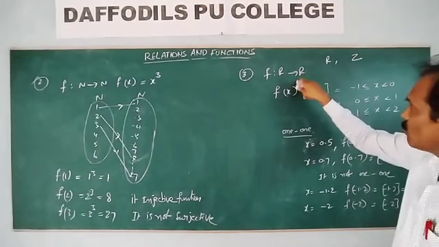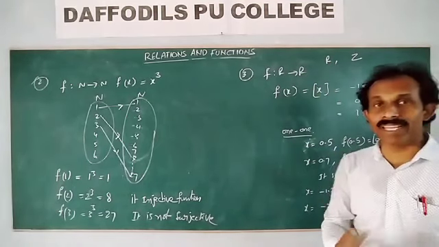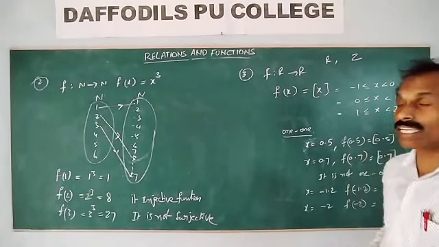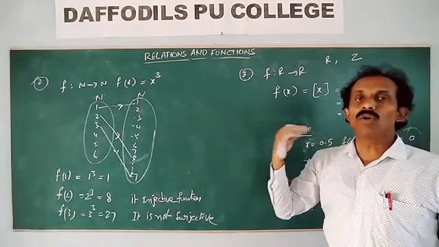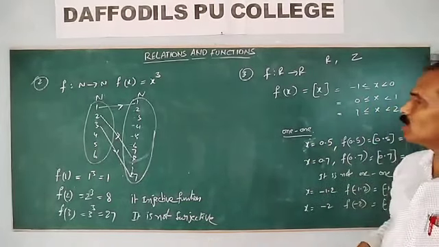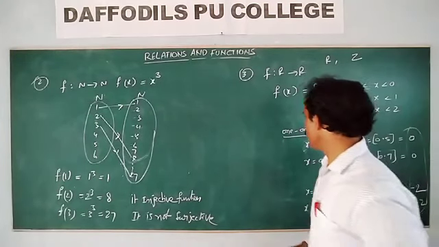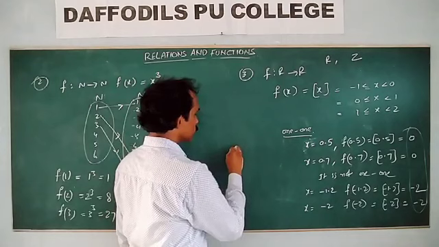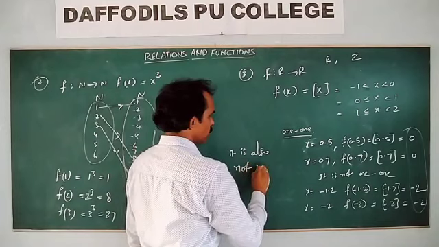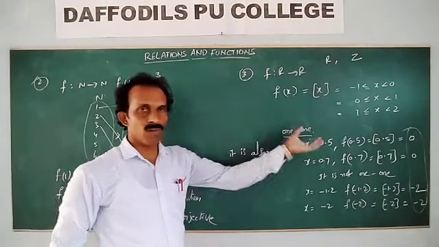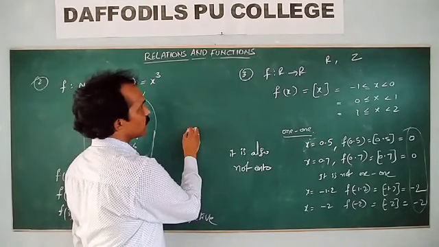So here in this function R to R, the codomain is the real numbers. What about the remaining elements other than the integers? Other than the integers, the elements of the codomain real numbers have no pre-images in the domain. Understand? So it is also not onto. How can you express this?